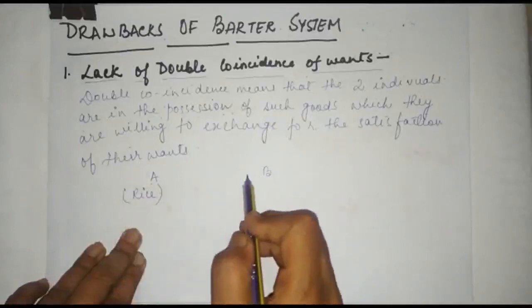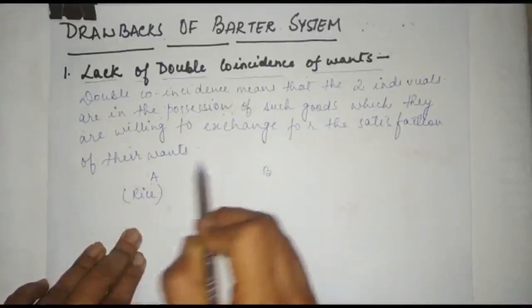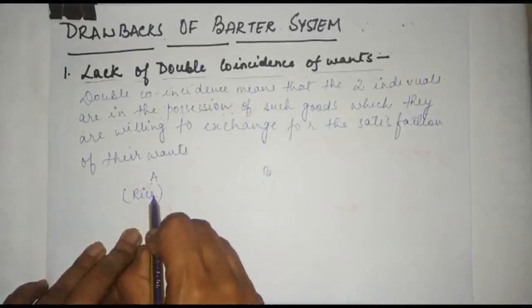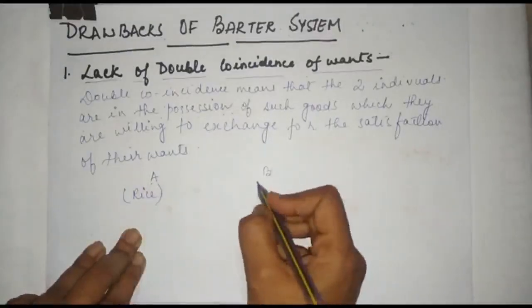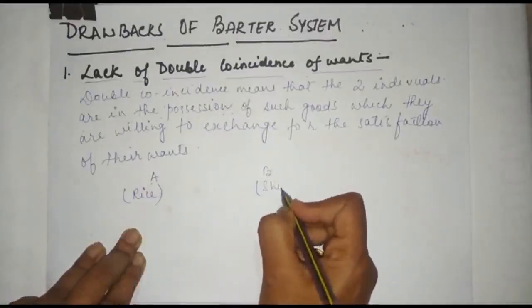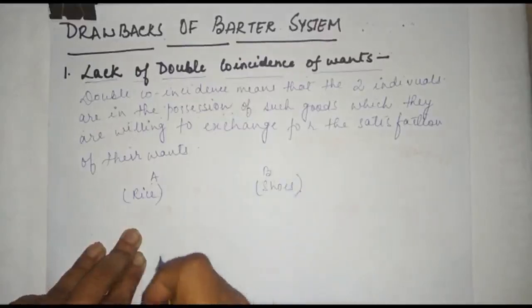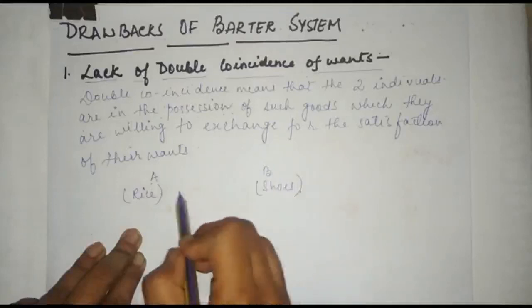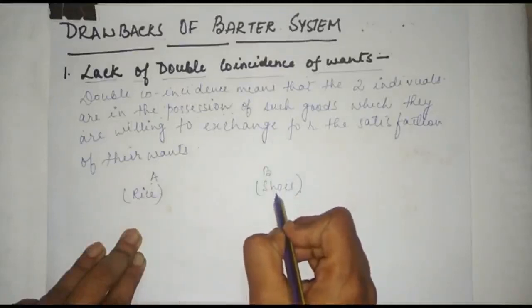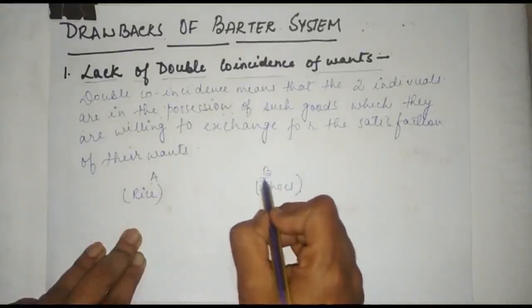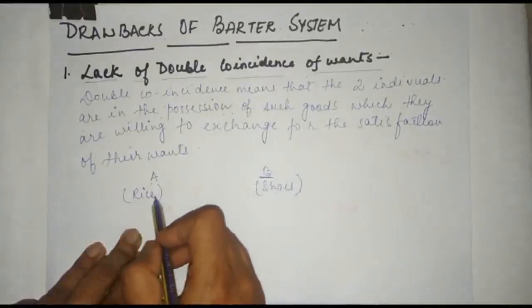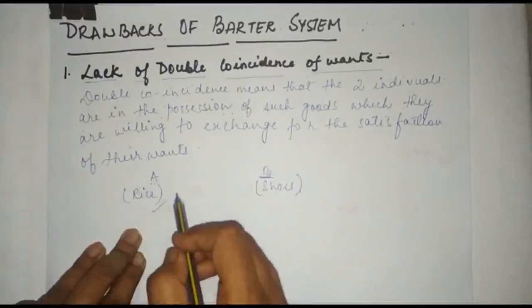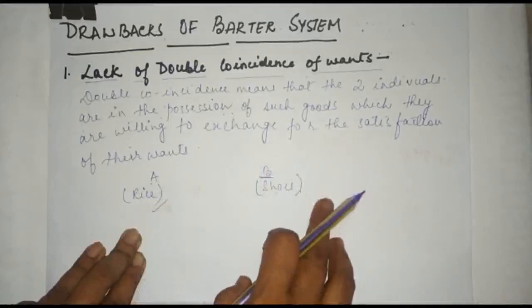At the same time, that person must also be willing to buy rice. So suppose B is the producer of shoes. A will search for B since he is producing shoes, and at the same time, B should also be willing to buy rice. So this is the meaning of double coincidence of want.